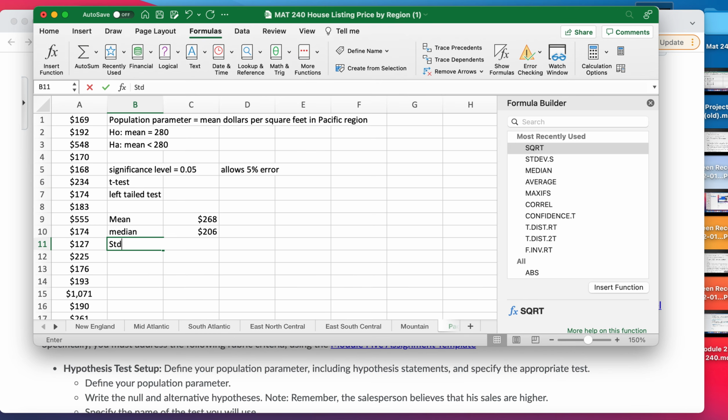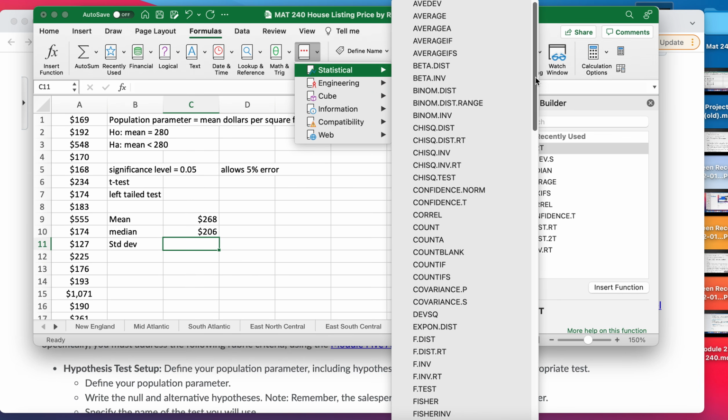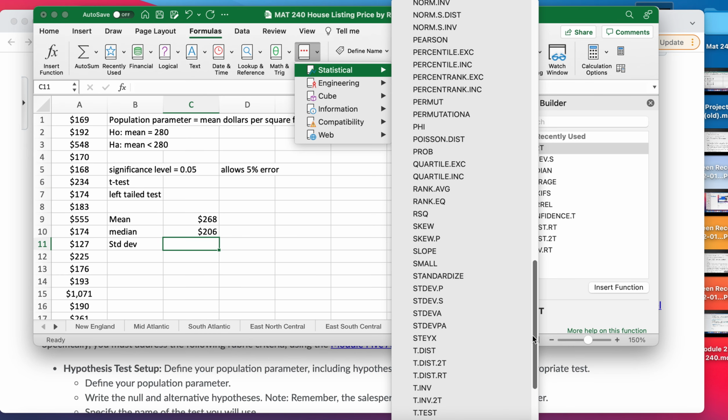Standard deviation. Formulas, more, statistical. Now we want the standard deviation sample. This is a sample because this is 750 houses. It's not a population. Population means every house in the Pacific region.